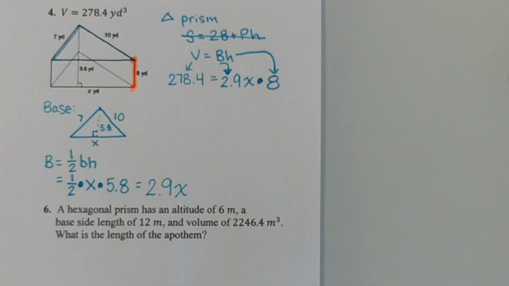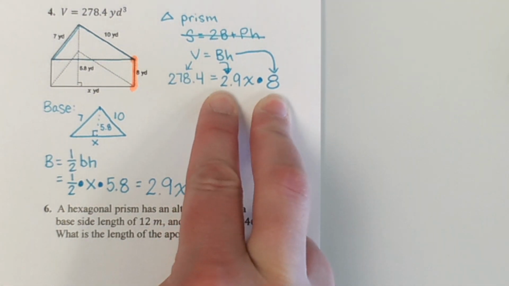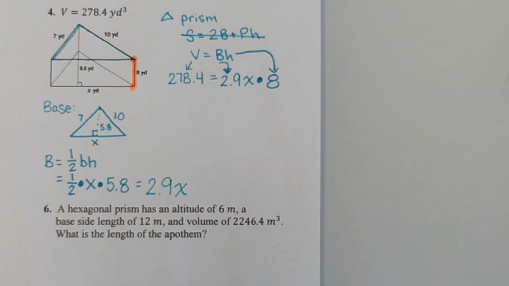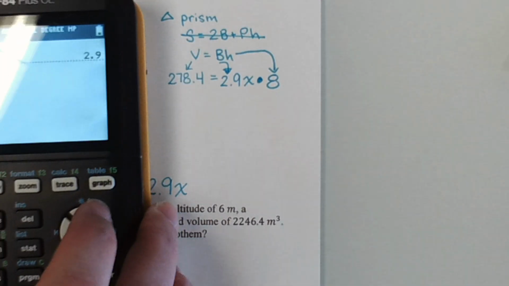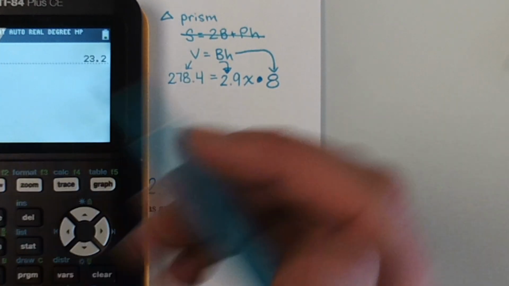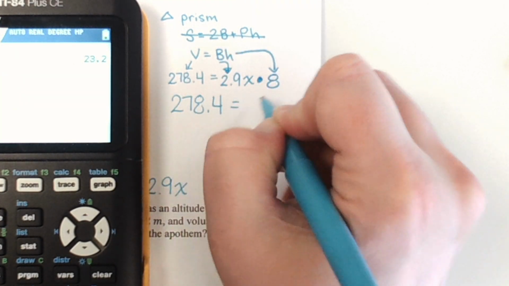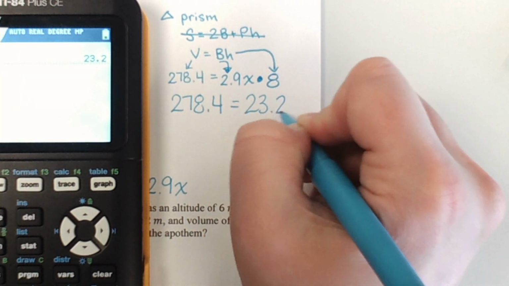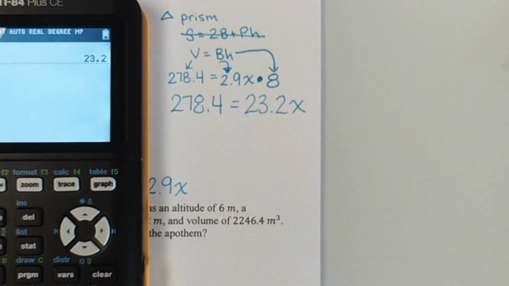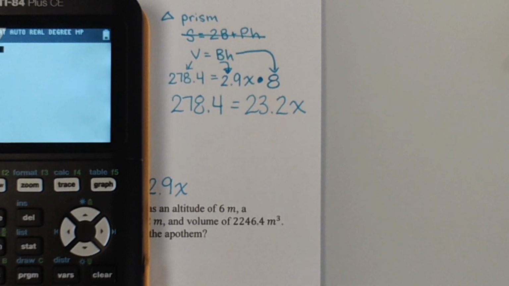How do I solve this equation? You could divide by things. I would multiply these first. Or if you want to divide by 8 and then divide by 2.9, you can. But 2.9 times 8 is 23.2, still getting multiplied by X. And then divide 278.4 by the 23.2.